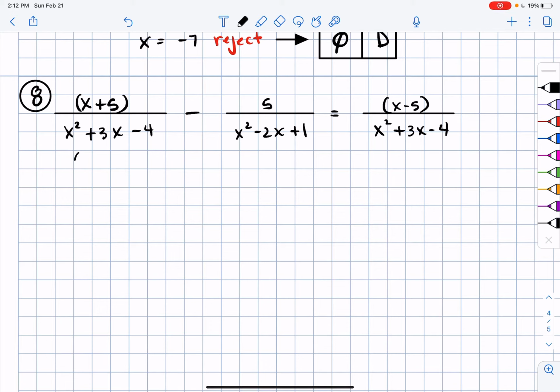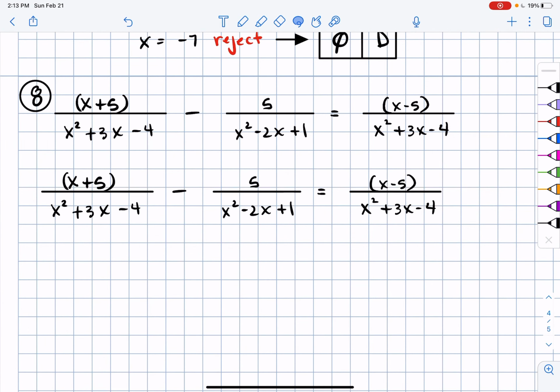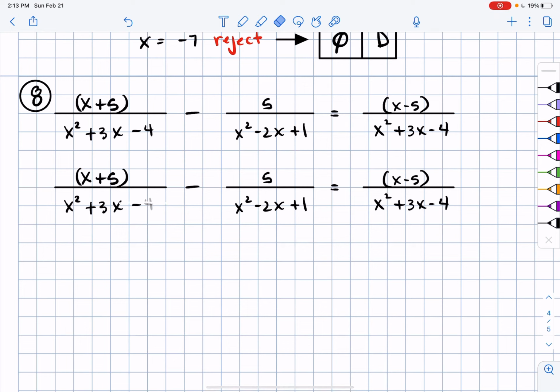So what I would have is the x plus 5 over, actually, you know what I'm going to do? I'm going to do it this way. I'll bring it down here. So what I'm going to do is just erase this.